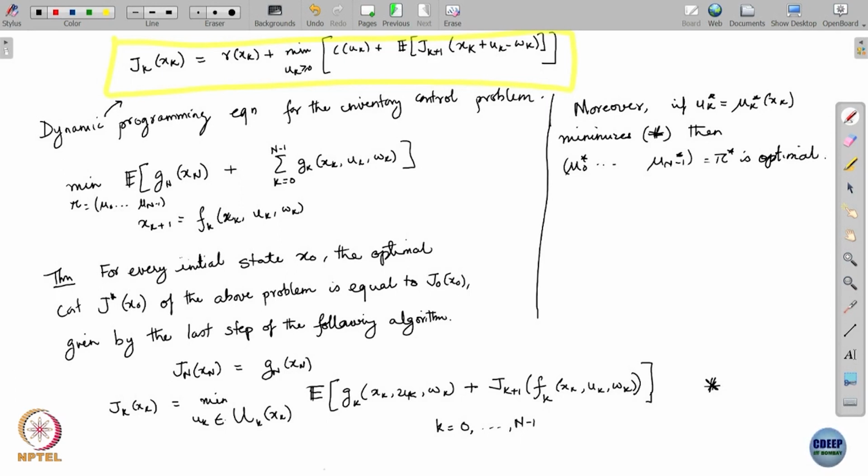Alright. So, this boxed equation star is called the dynamic programming equation.